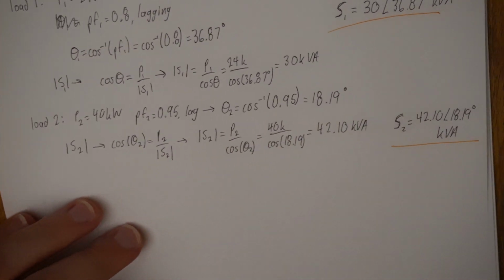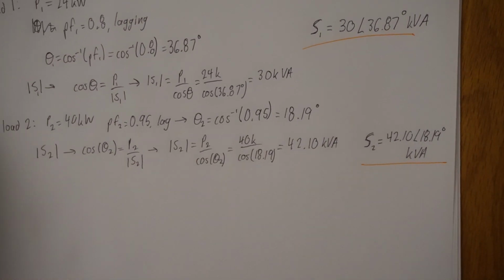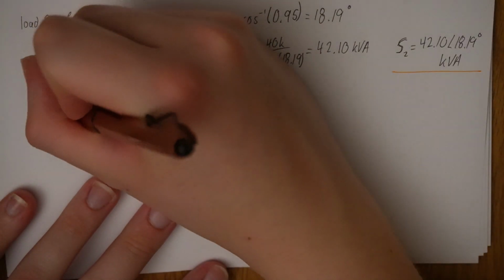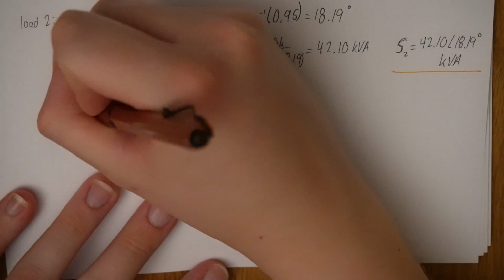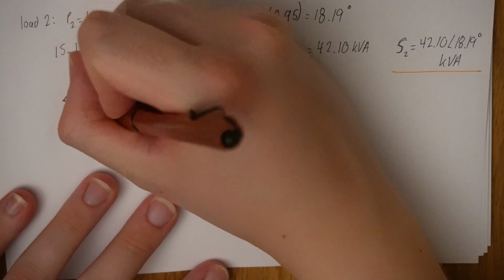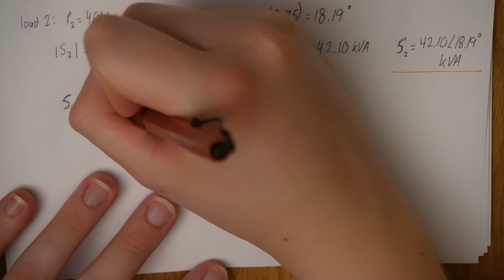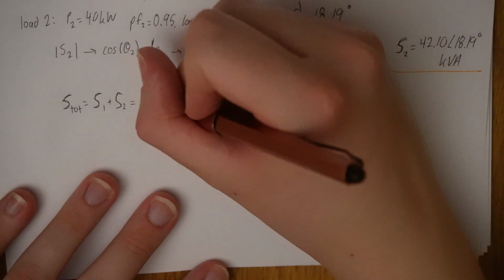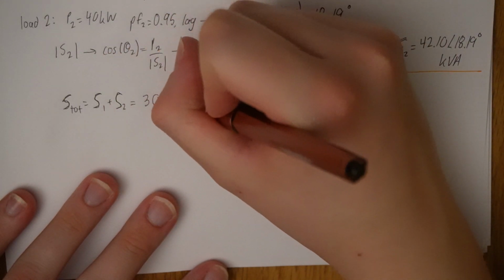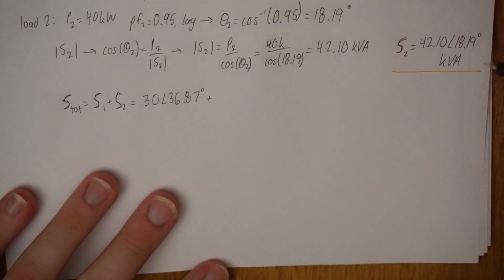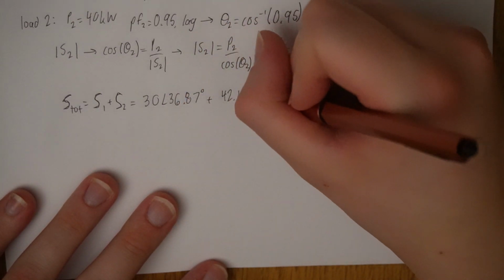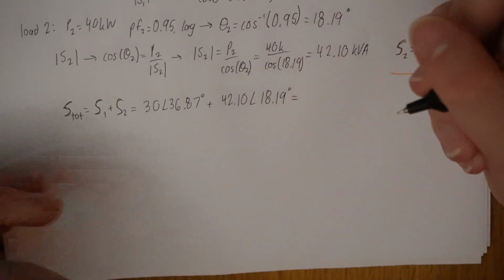So now, there you go, went off the page there for a moment. So now S total is equal to S1 plus S2 equals 30 angle 36.87 degrees plus 42.10 angle 18.19 degrees.